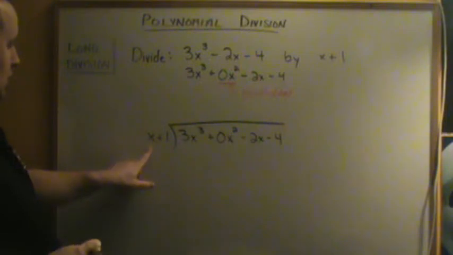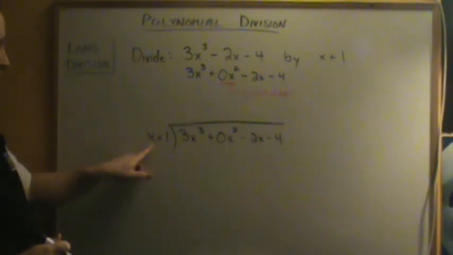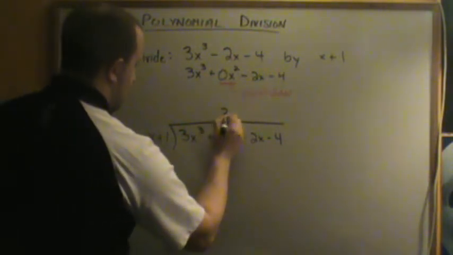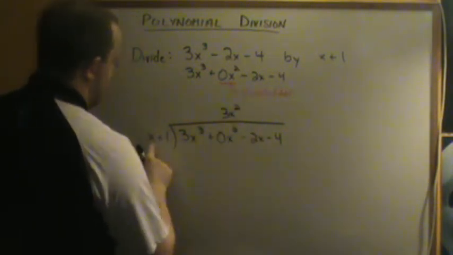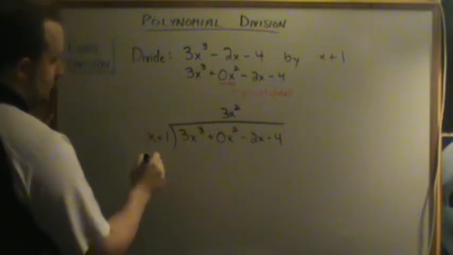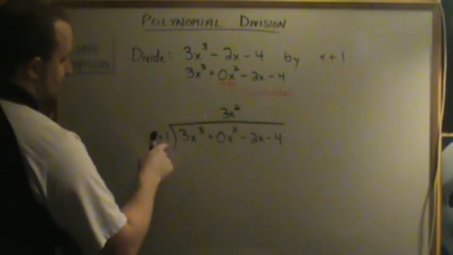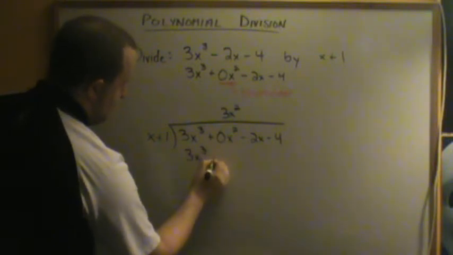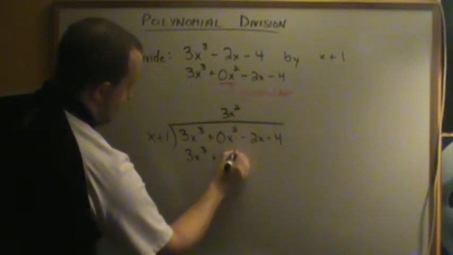Now, same process as before. What times x gives you 3x cubed? Well, 3x squared times x gives you 3x cubed. So when we multiply x plus 1 by 3x squared, we get 3x cubed plus 3x squared.